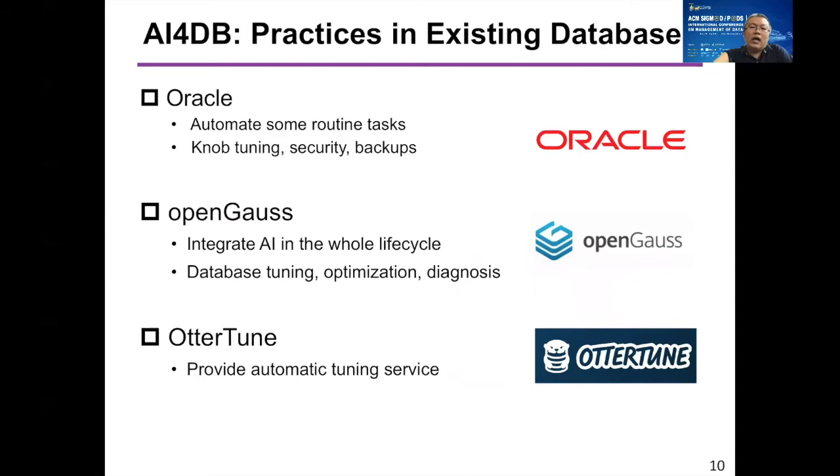And there are some database systems that also try to utilize machine learning techniques to enhance the database. For example, Oracle wants to tune the knobs and recommend views. Open-source new databases also utilize AI techniques to optimize the whole life cycle of the database system, including database tuning, index and view advisors, and they are also working on cardinality estimation, join order selection, and auto-tuning.